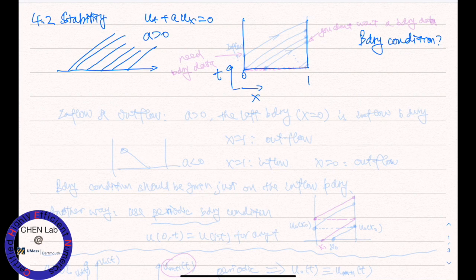The question is, what kind of boundary condition should we specify? Once you have the initial condition, it tells you something about this side, at time 0.